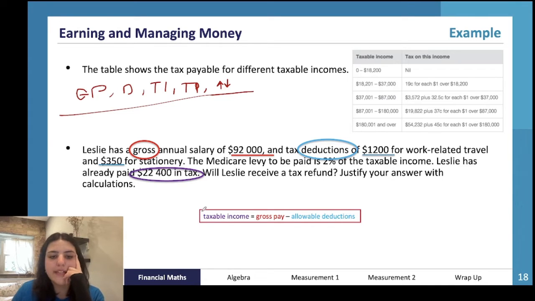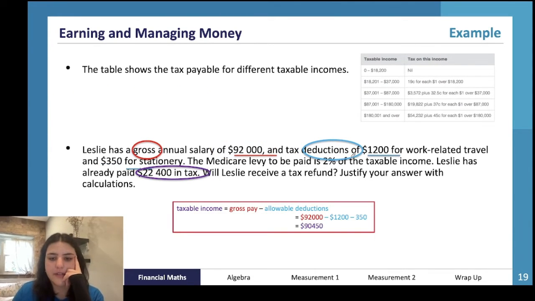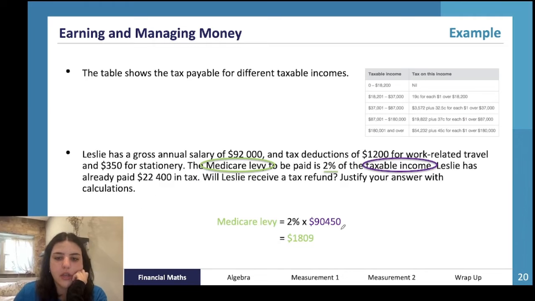That's all of the things we just talked about. So what we need to work out is our taxable income, which is this gross pay minus our allowable deductions, which we underlined. So $92,000 minus $1,200 minus $350 gives us a taxable income of $90,450.